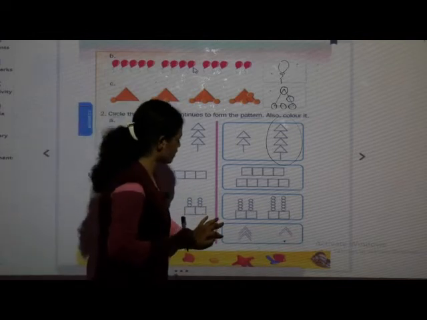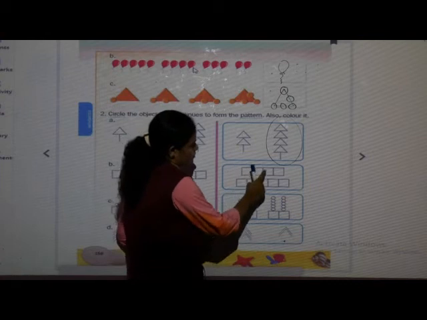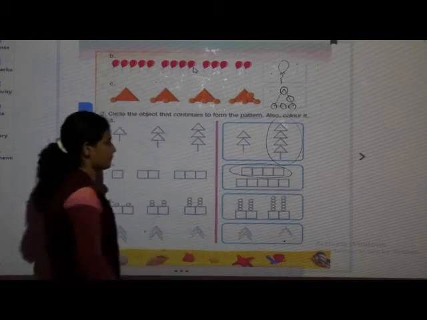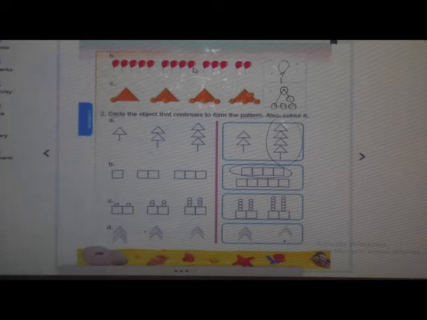So where are the 4 boxes? 1, 2, 3 and 4. So here you can circle, and afterwards you can color it. Come on, be fast. 1, 2, 3 and 4.